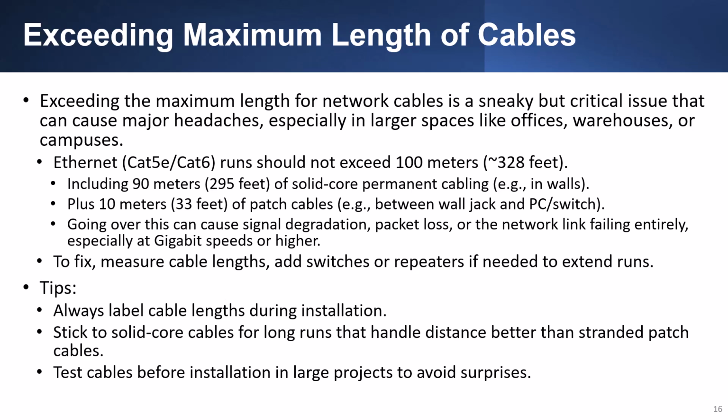This includes 90 meters or 295 feet of solid core permanent cabling in walls, plus 10 meters, or 33 feet, of patch cables, which are used between the wall jack and the PC and the switch. Going over this can cause signal degradation, packet loss, or the network link failing entirely, especially at gigabit speeds or higher. To fix it, measure cable lengths and add switches or repeaters if needed to extend runs.